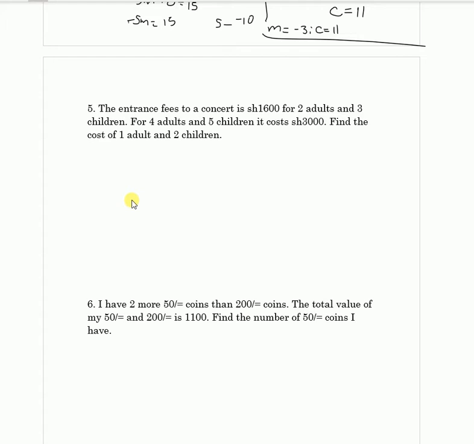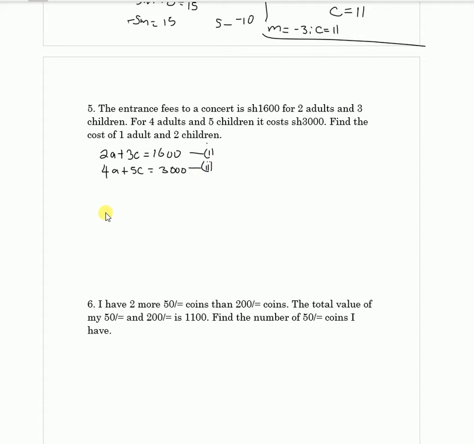So we shall assume that a signifies the number of adults, and then c signifies children. So to get 2 adults plus 3 children to the concert, you spend this amount of money. That is equation 1. Then they said for 4 adults and 5 children, they will spend 3,000 shillings. That is equation number 2.